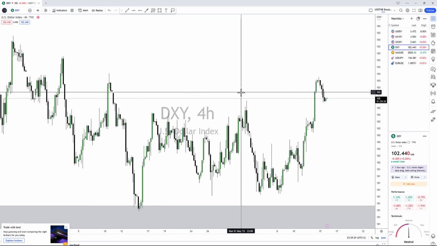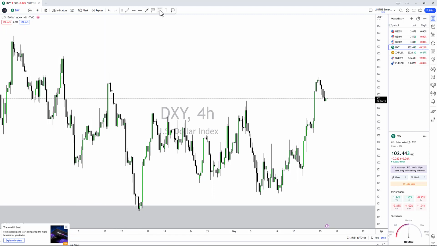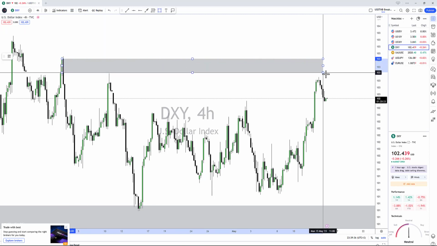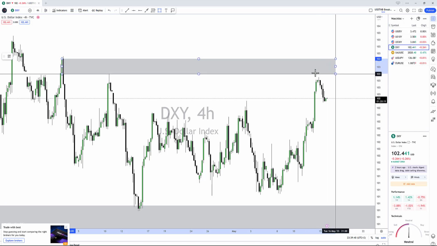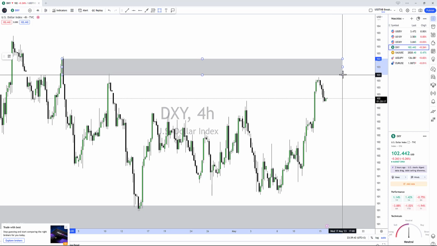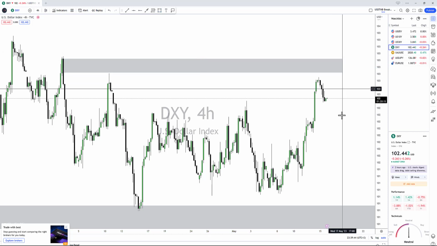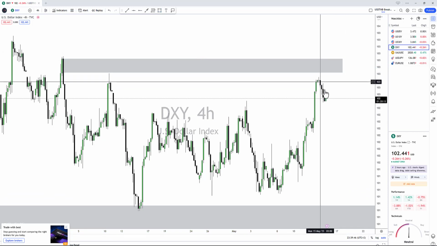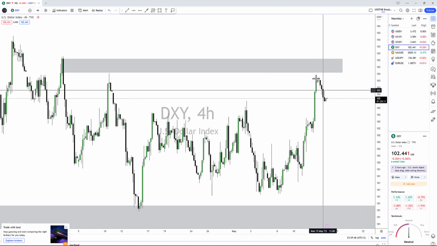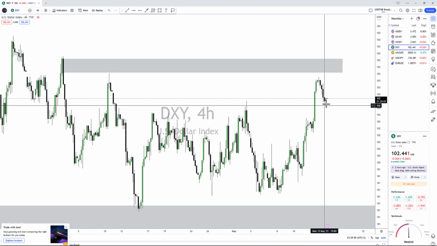Now on H4, you can clearly see there is our bearish OB. There's our bearish order block, and you can already see how price is finding it hard to keep pushing to the upside.